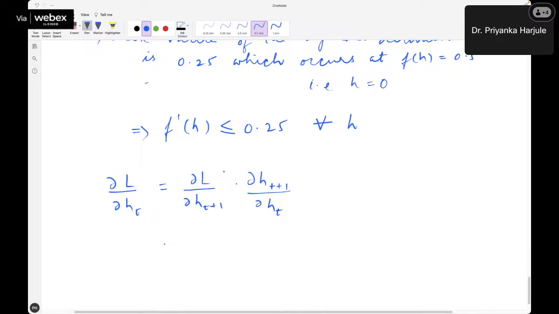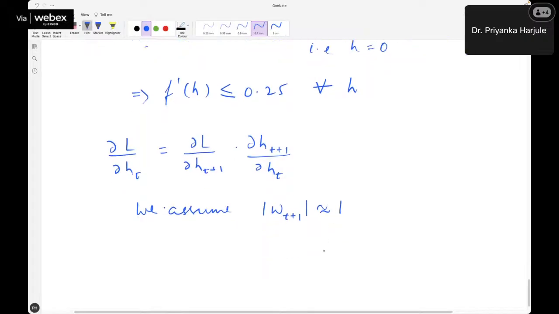We assume that the weights, the modulus of the weights, are initialized from a standard normal distribution. Standard normal distribution basically has mean 0 and variance 1.